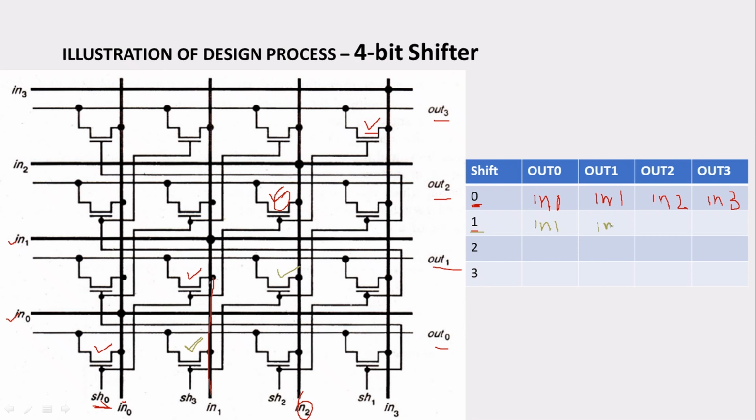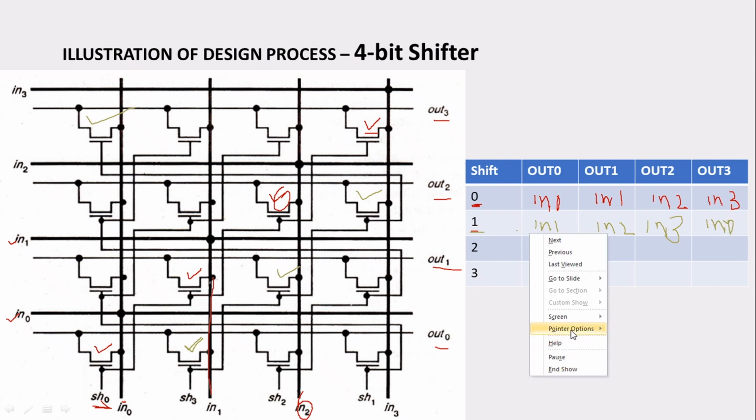Then this particular transistor is high, so here you can have IN3, and then this particular transistor is high, so you can have IN0.